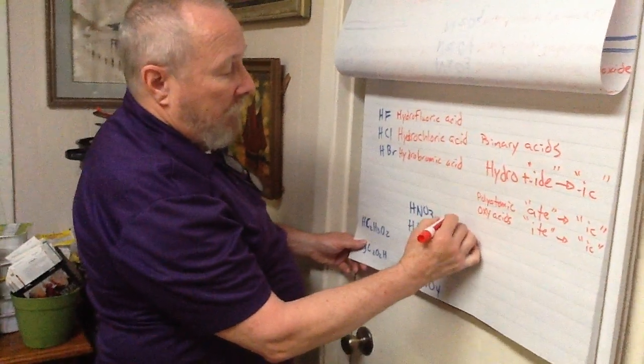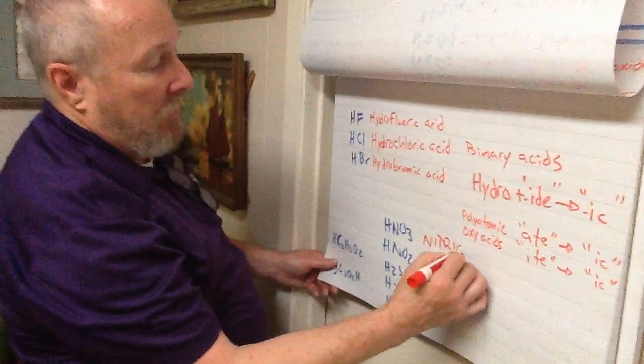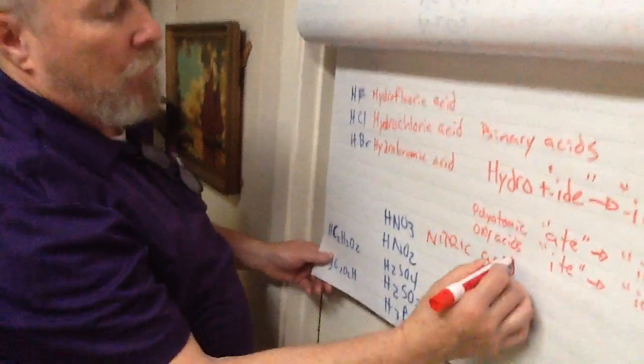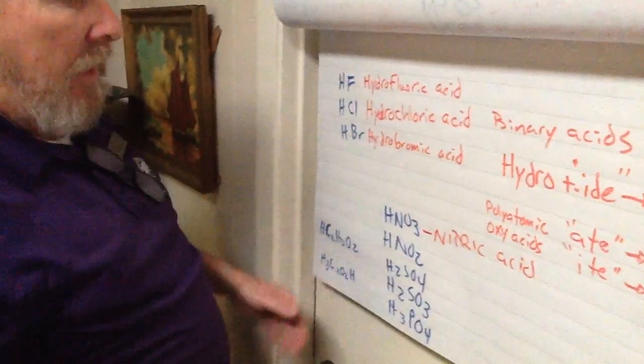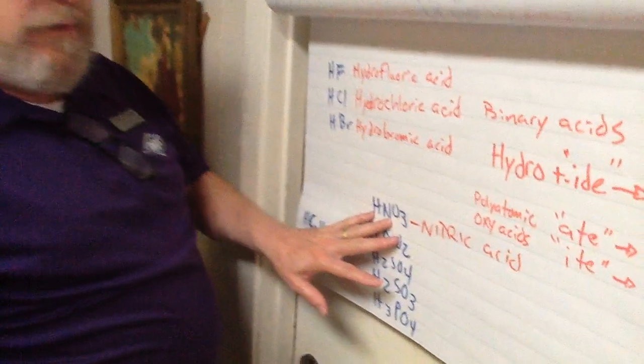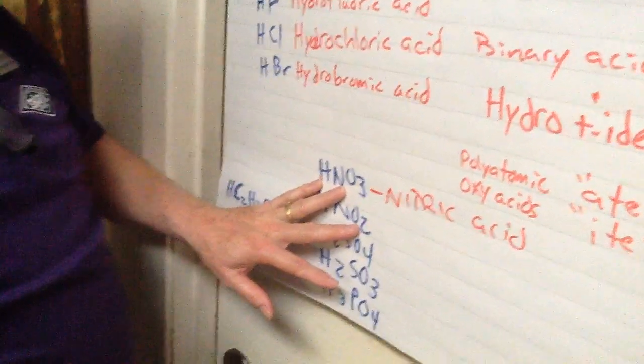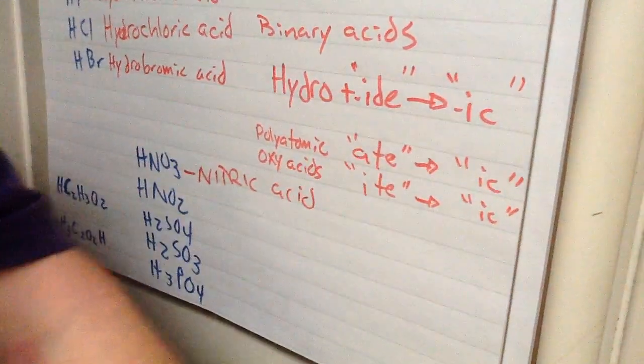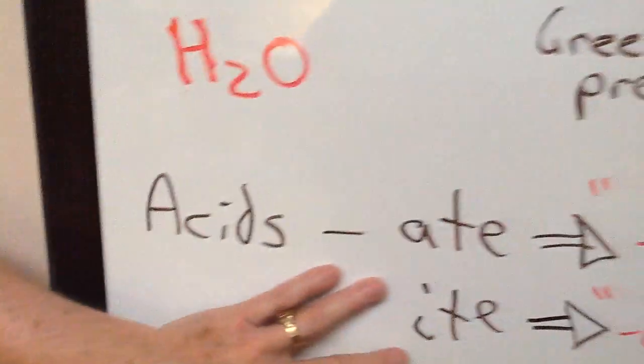But this is nitric acid. And the rule is, if I start with the ate salt, I end up with the ic acid. I've written it in both places in my summary sheet over here too.